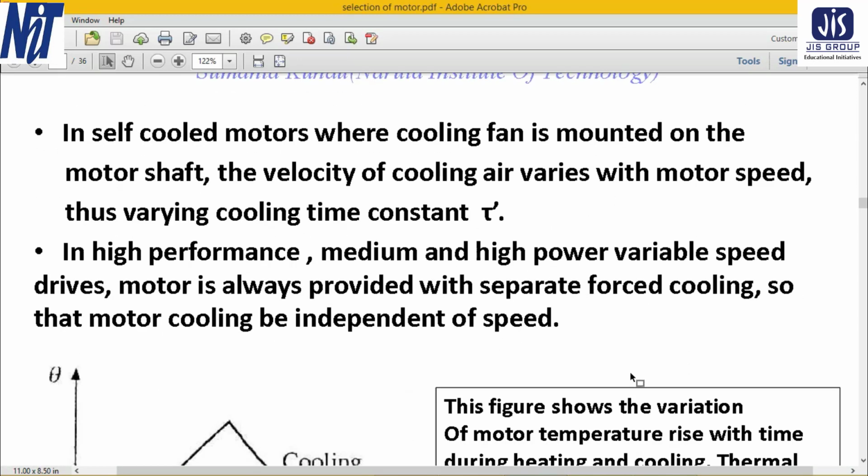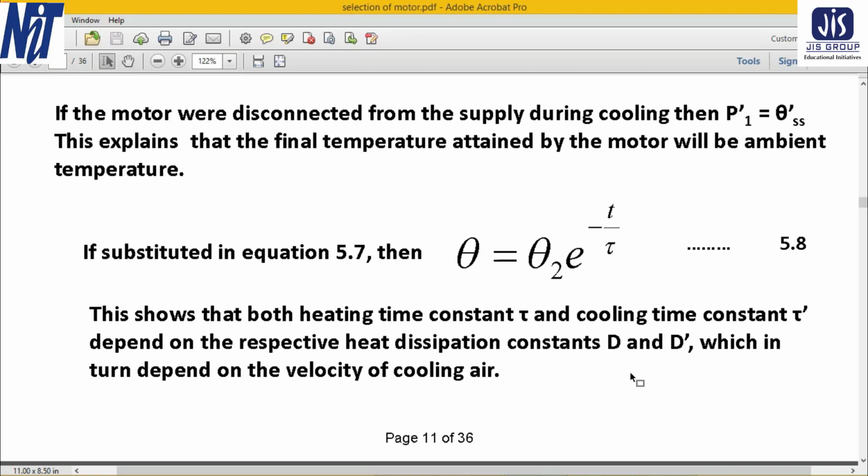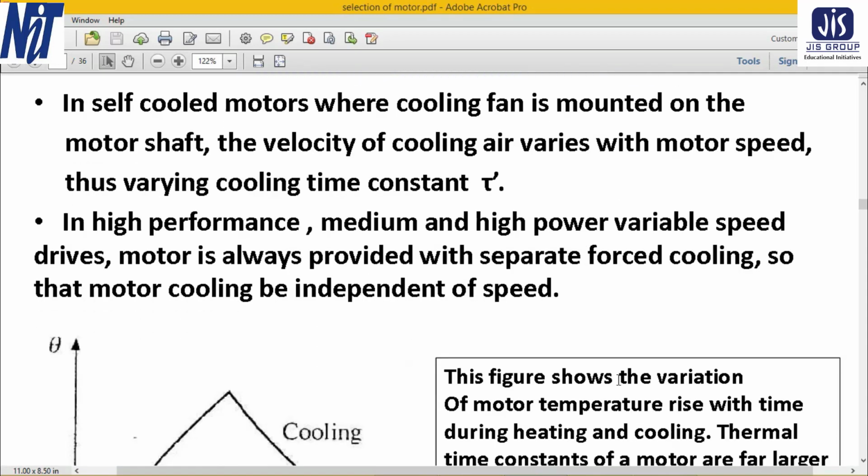So this shows that both the heating time constant tau and the cooling time constant tau dash depend on the respective heat dissipation constants d and d dash, which in turn depend on the velocity of the cooling air. Now in certain motors we use forced cooling. In self-cooled motors, where the cooling fan is mounted on the motor shaft, the velocity of the cooling air varies with motor speed.